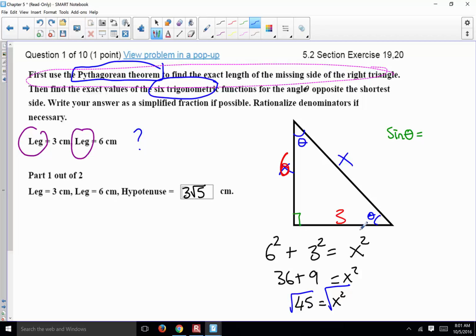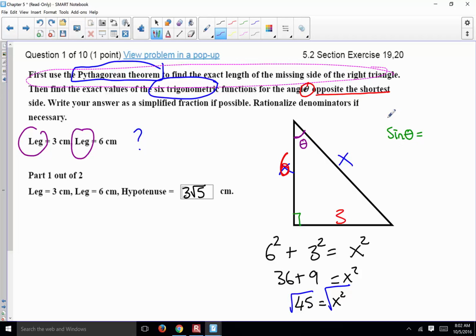It's very important where the theta is, right? So we need to go read the statement to locate which corner is marked theta. Theta here is opposite the shortest side. Which one is shortest? Isn't it 3? So theta is here.